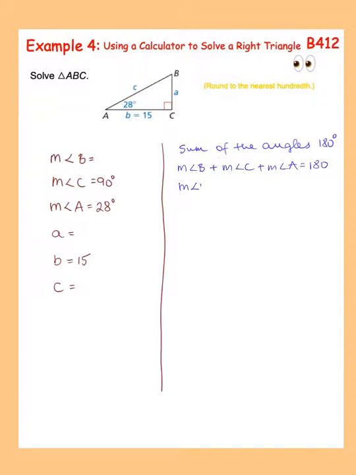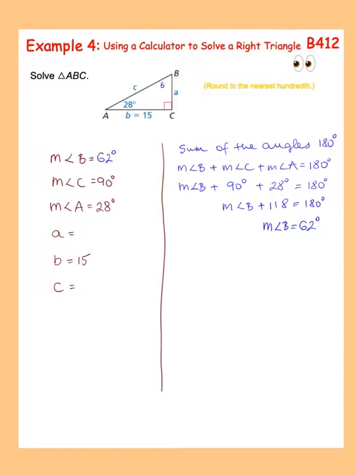I don't know the measure of angle B, but I know that C is 90 and the measure of angle A is 28 degrees. So all I have to do is solve the equation. The measure of angle B plus 118 will equal 180 degrees. So the measure of angle B will be 62 degrees.